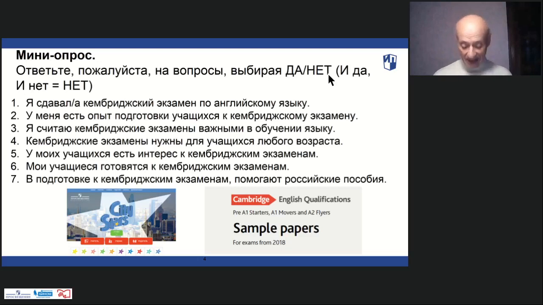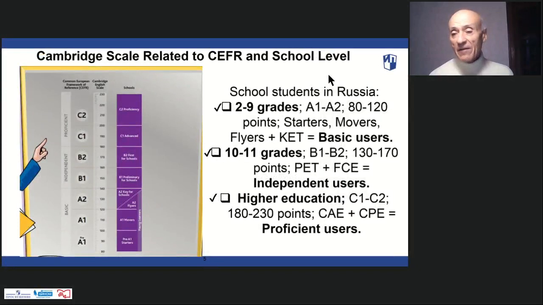Let us see first some general information about Cambridge English exams, and as usual, I'm always starting with this table just to remind you about the levels of the Cambridge assessment scale, as related to the Common European Framework at school level.